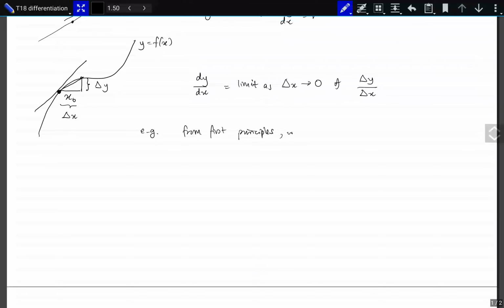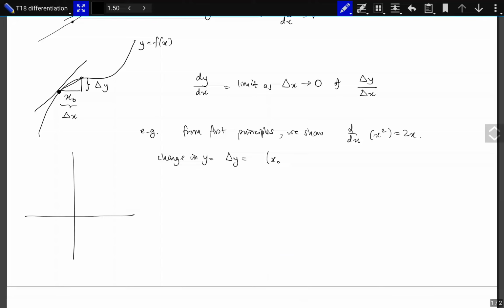we show that d by dx of x squared is equal to 2x. Actually, in class I did the case of x to the n, but let's just see it for the quadratic case. So the change in y, which is x squared, starts from your initial value.